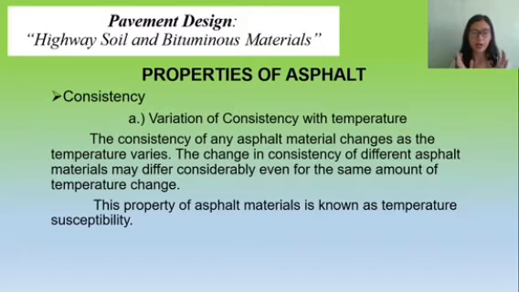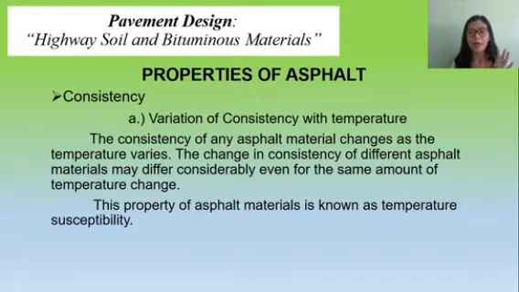So they are heated together to a high enough temperature, and then the consistencies of the two materials will differ at the high temperature. The regular paving asphalt is much softer than the blown asphalt.